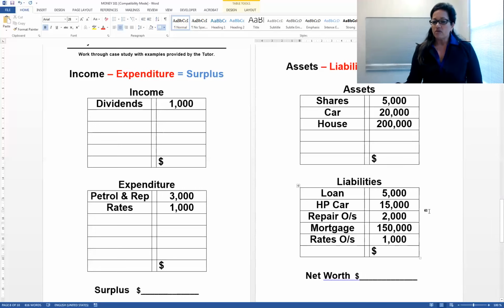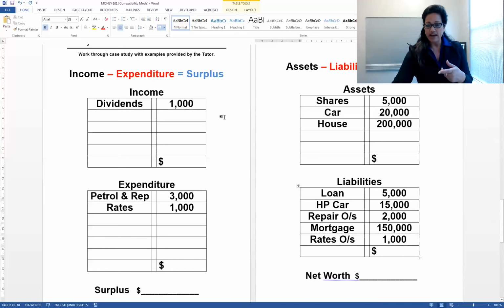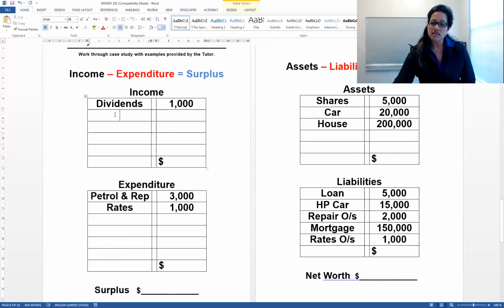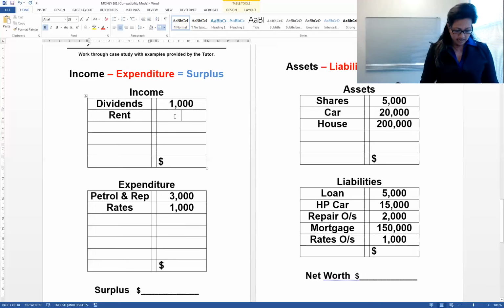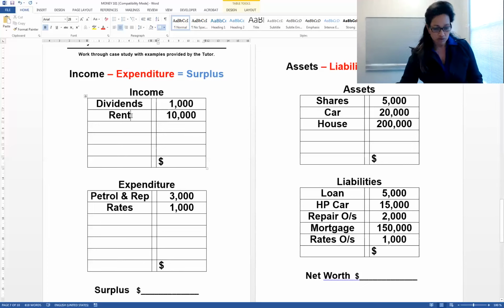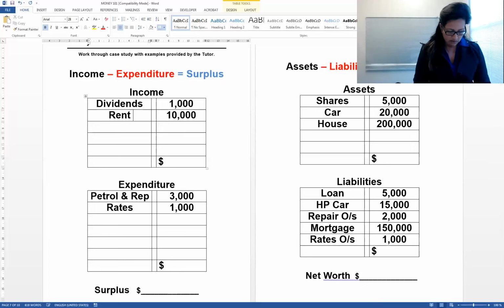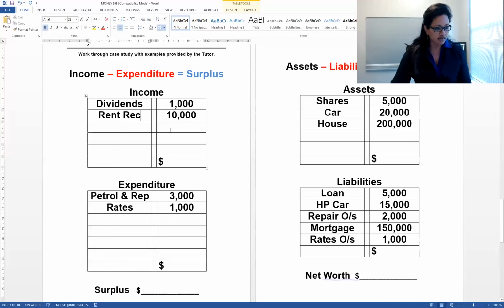And because she's not living in Waihi, she's renting it out. So she's able to bring in some rent from that house, which is being smart, of $10,000. As we know, rent received is income, and it's $10,000 worth of income. It's going to help her meet all her payments and her costs. So rent received is $10,000.